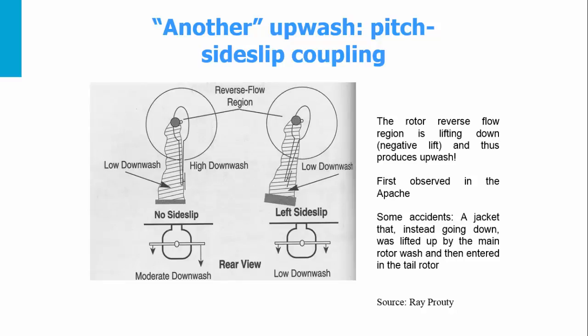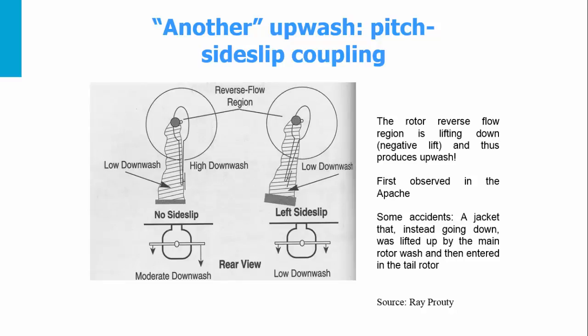In this figure you see on the left hand side a helicopter with no side slip, and on the right hand side the left side slip. You see that the reverse flow region affects the stabilizer.